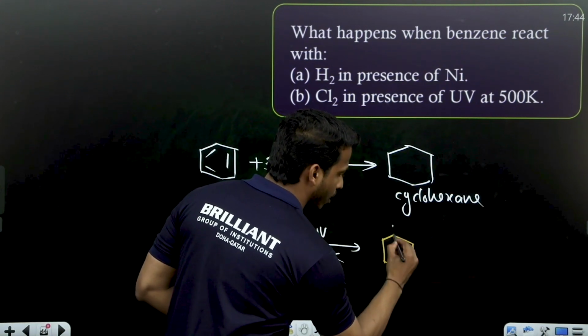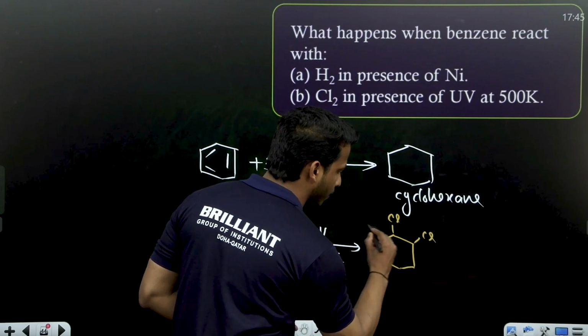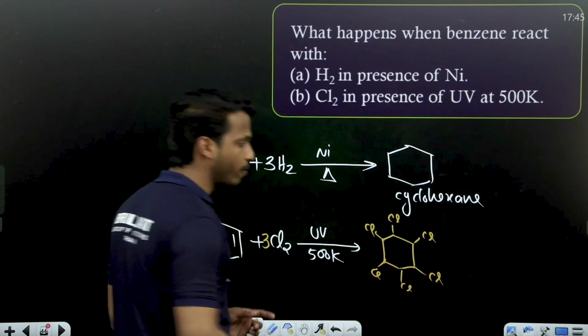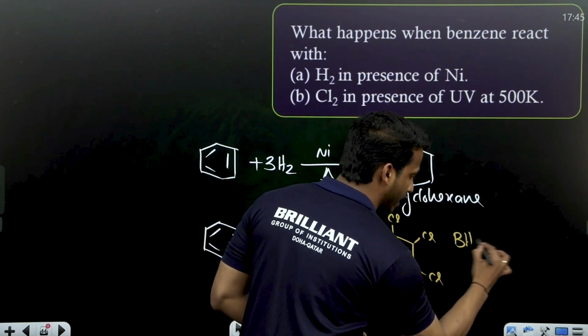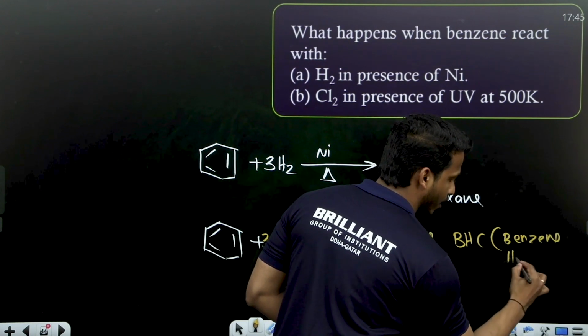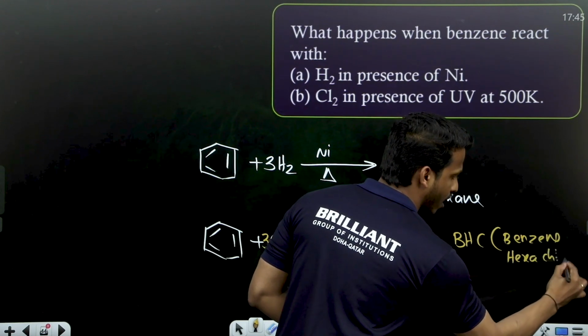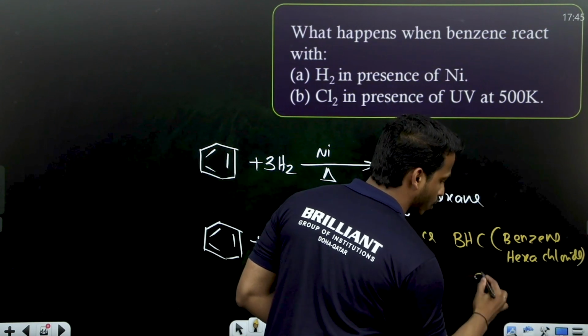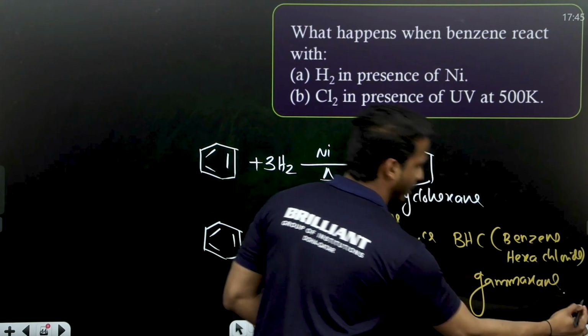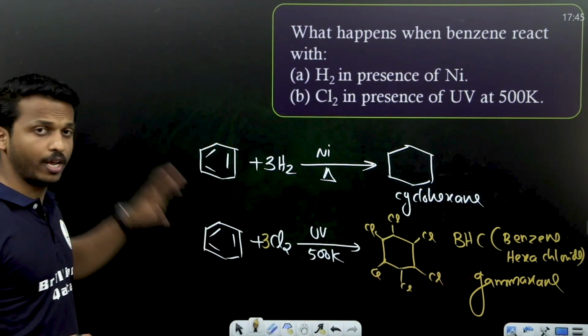You will get chlorine on all six carbons, and this compound is known as BHC, benzene hexachloride. It is also called gammexane. Okay, so study this, all of you.